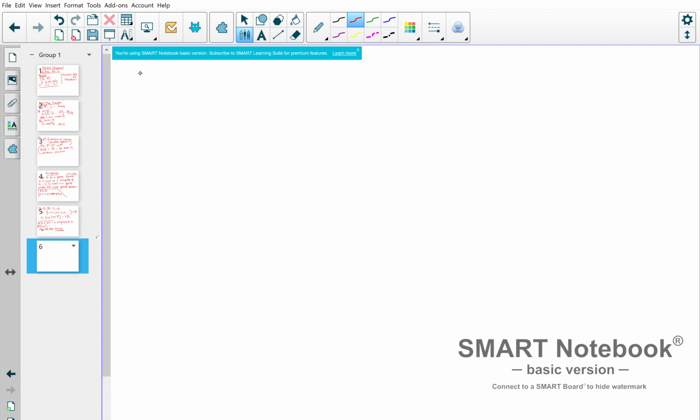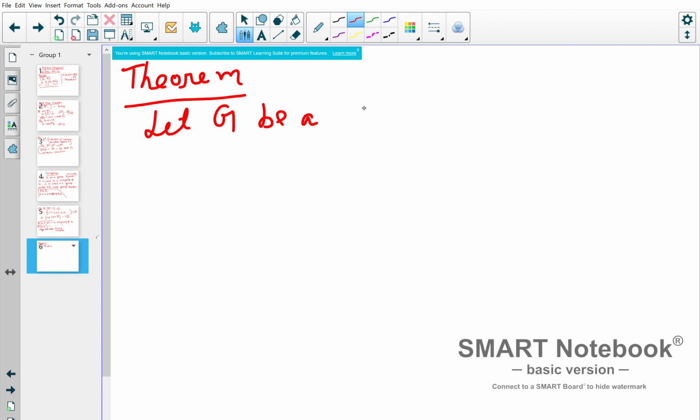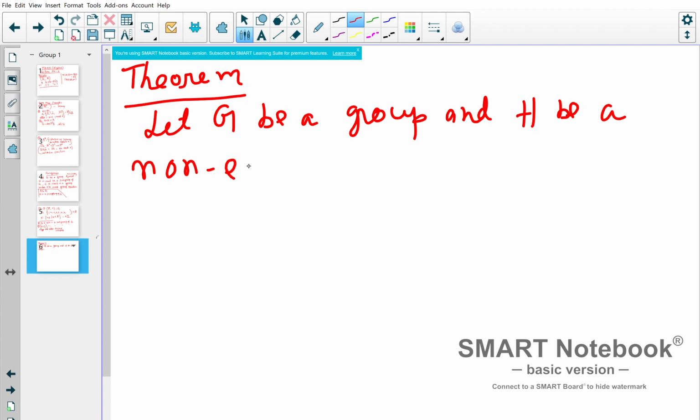Theorem, or proposition, or whatever: let G be a group and H be a non-empty subset of G. This is given.